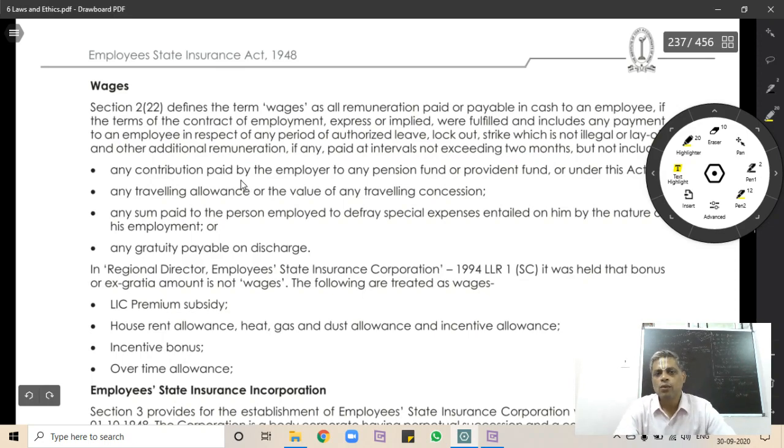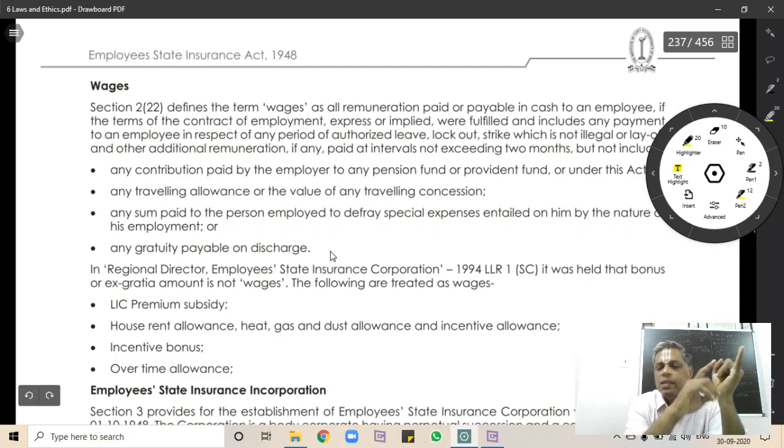wages does not include any contribution paid by the employer to a pension fund or a provident fund, any traveling allowance, any sum paid to a person employed to defray special expenses entitled to him, right? Or any gratuity payable on discharge.